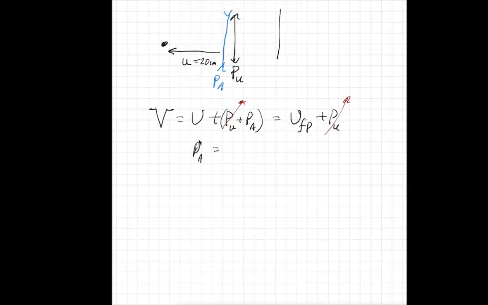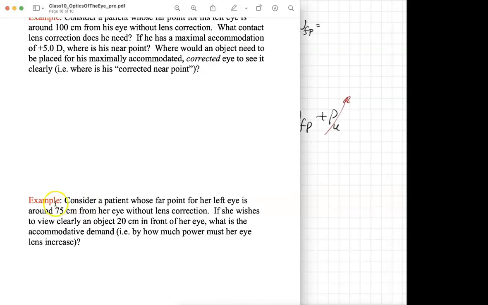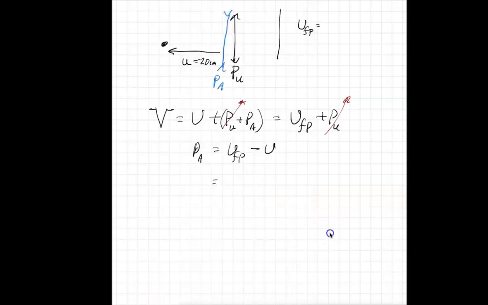PA equals U far point minus the object vergence of the location we're trying to look at. So the far point, what was that far point? Let's go up here and sketch it in. The far point distance was 75 centimeters, so minus 0.75.